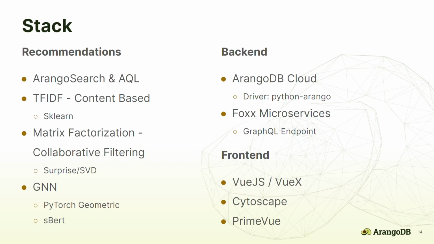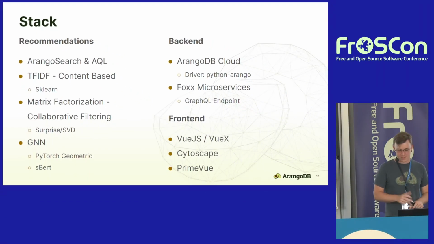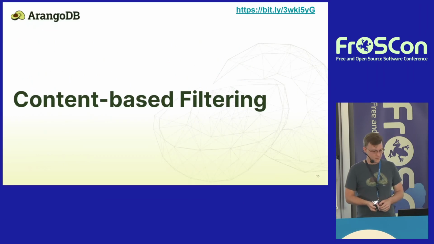And then on the front end, Vue.js, and Cytoscape for that graph visualization. Pretty basic, so open to feedback on that. I know it's probably not the most advanced, but it's pretty nice to use. And then PrimeVue for the theming. Okay, so the first one we'll take a look at is just this content-based filtering.